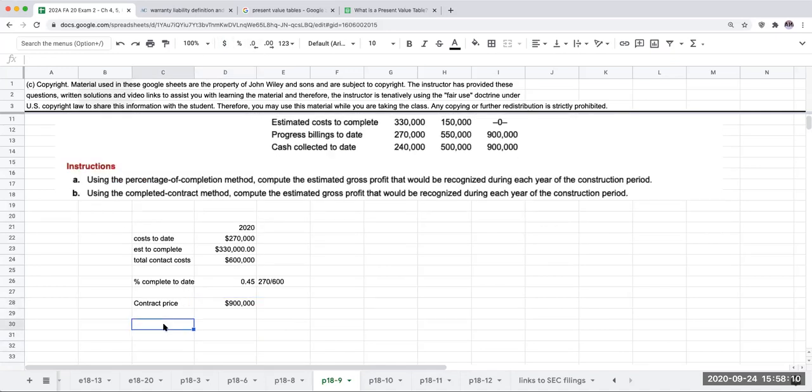My total contract costs are $600,000. So my gross profit on this contract is going to be $300,000.